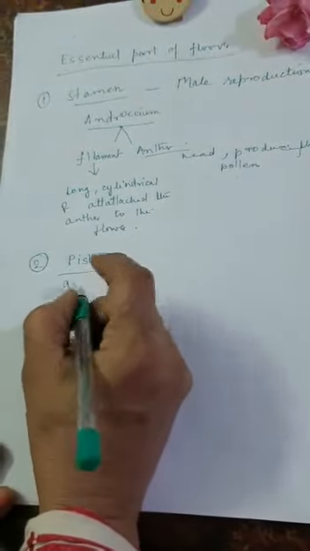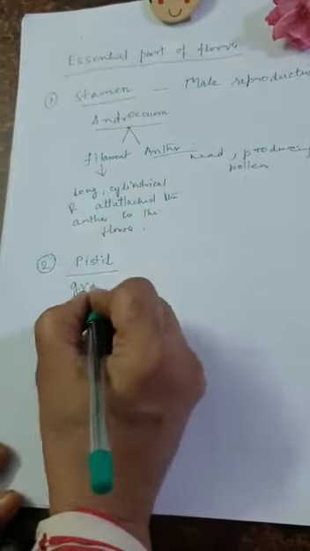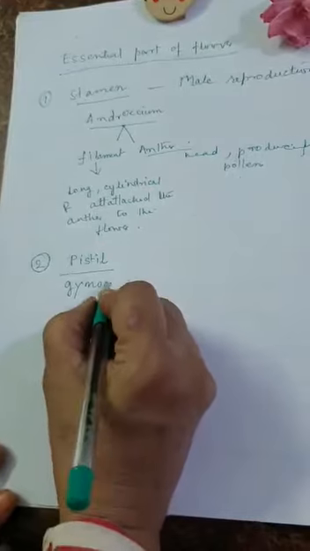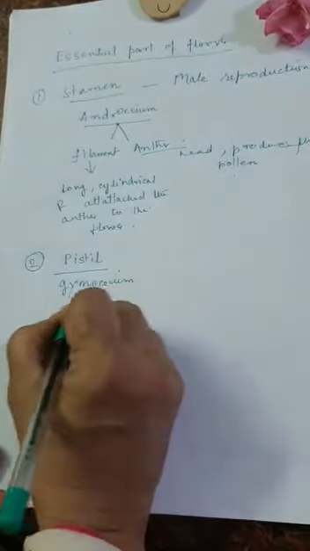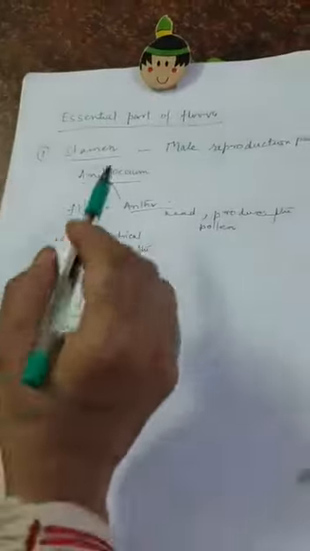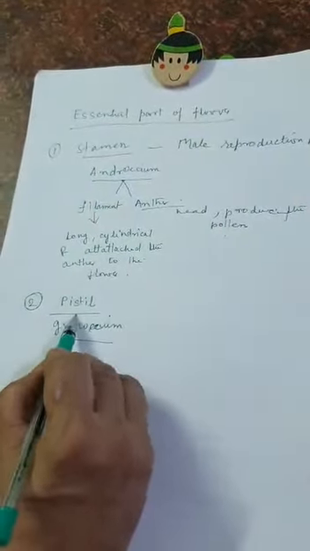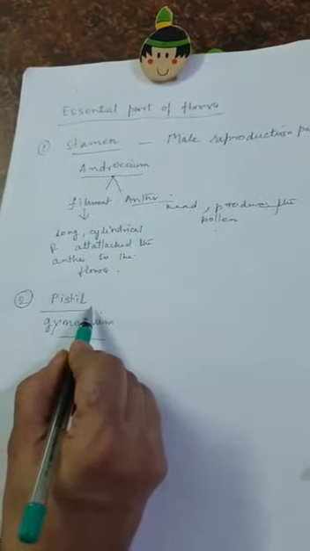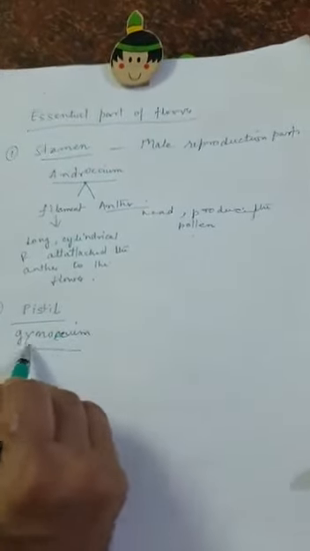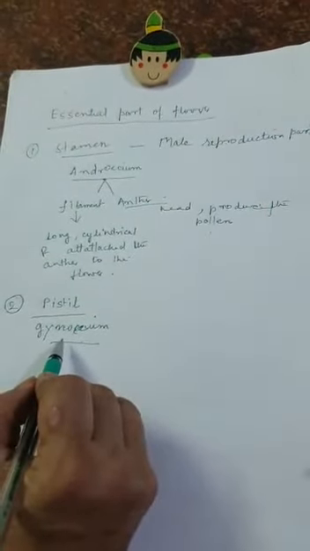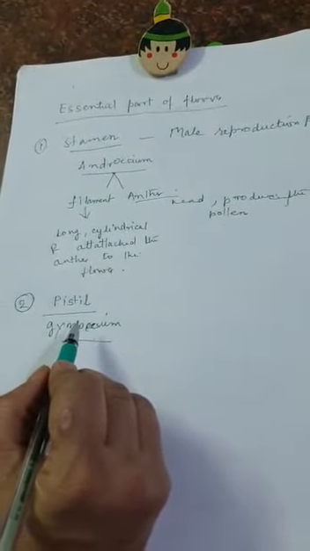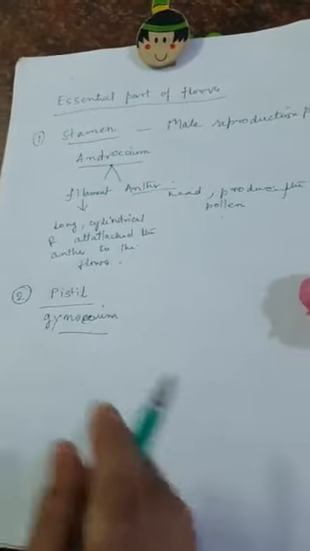Pistil is the female reproductive part of the plant. Collectively, pistils are known as gynoecium.